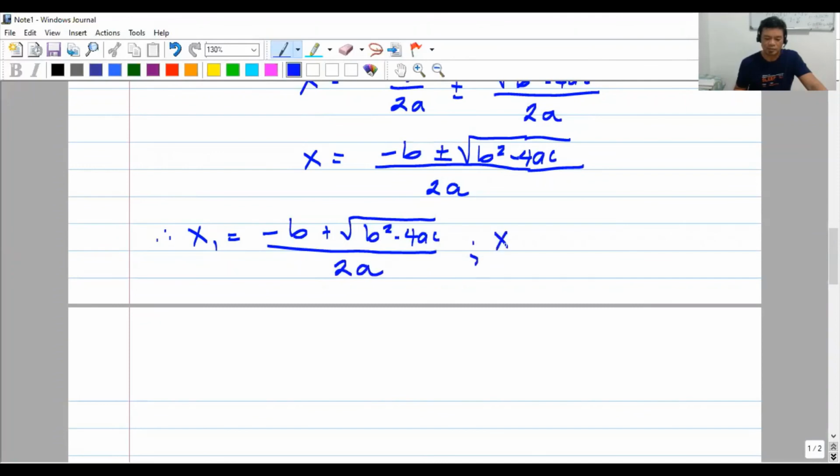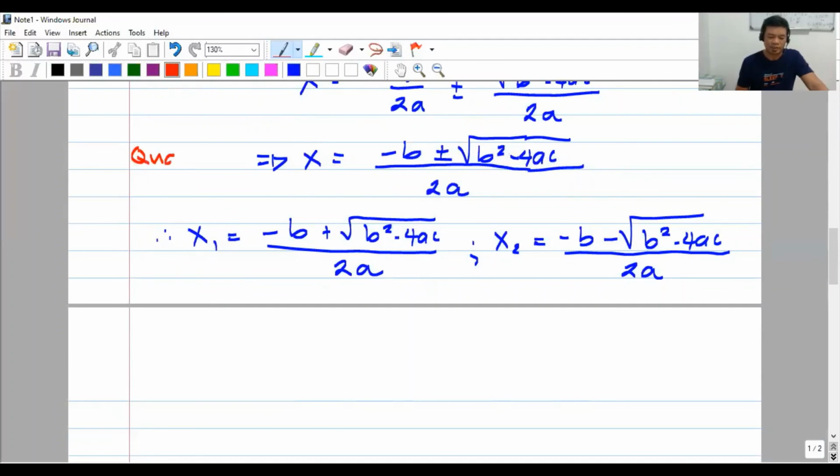And x sub 2 could be negative b minus the square root of b squared minus 4ac all over 2a. Okay, but the quadratic formula is expressed in the form of x is equal to negative b plus minus the square root of b squared minus 4ac over 2a. That is our quadratic formula.